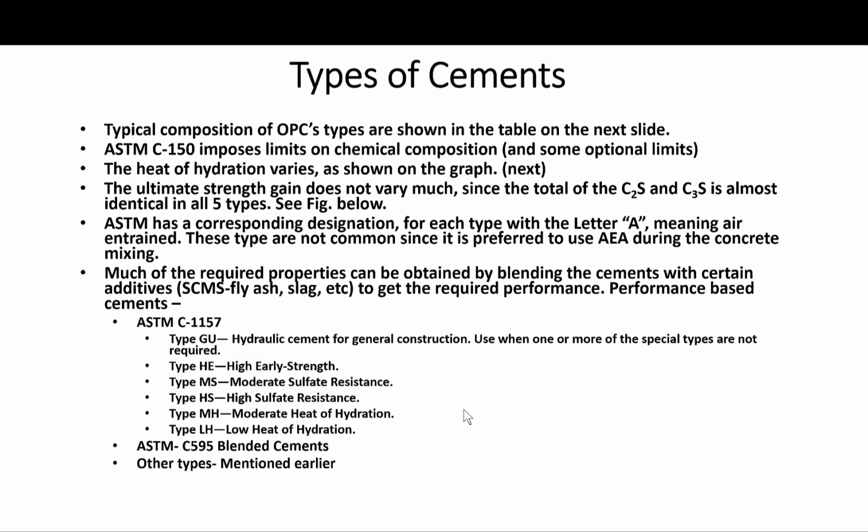But one has to be really familiar with what goes on in the hydration process and what comes out. So you designate certain performance, and the cement and concrete producer has to comply with such requirement. Also, as I said, we have the ASTM C595, which is the blended cements, and the other types I mentioned earlier.